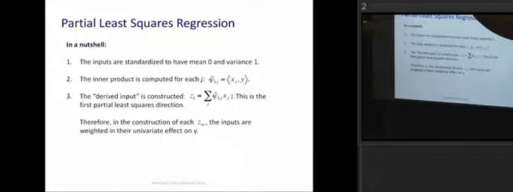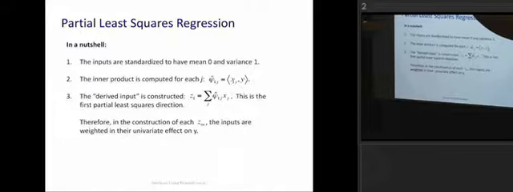You standardize the inputs, which incidentally you'll do for PCA too. Then we're going to consider the inner product of each xj with y. Okay, so the inner product of xj and y.